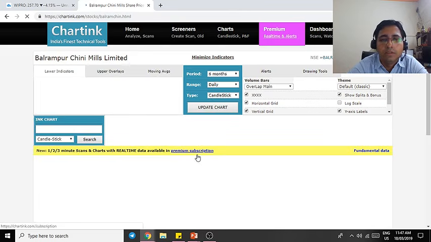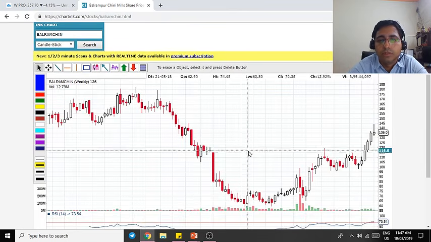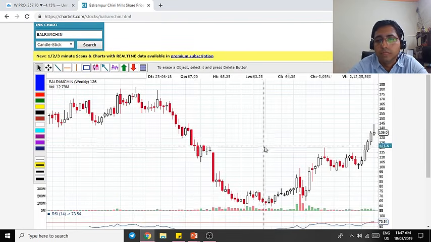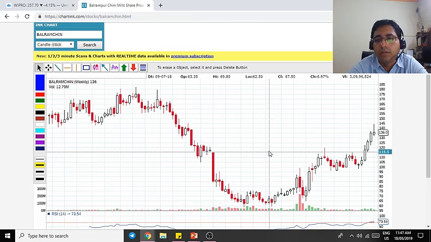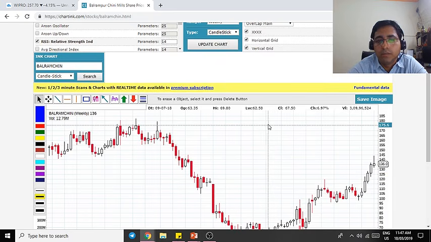Moving to the third one, which is your Balrampur sugar. Initially it can dip to a level of 115 to 120, and on the upside it can head to a level of 175, depending upon the commodity itself.